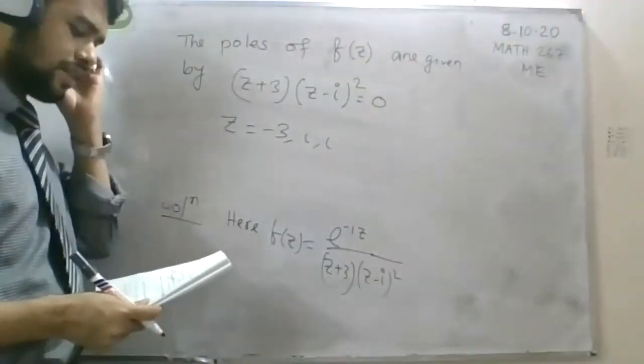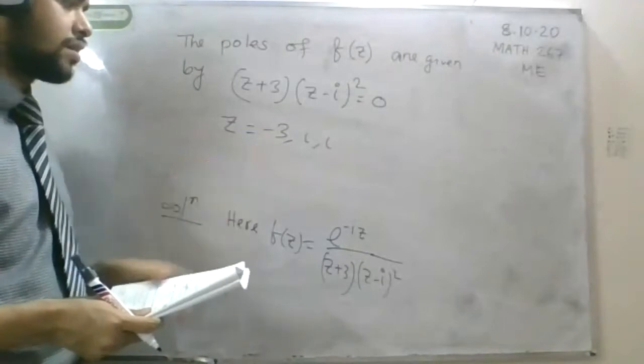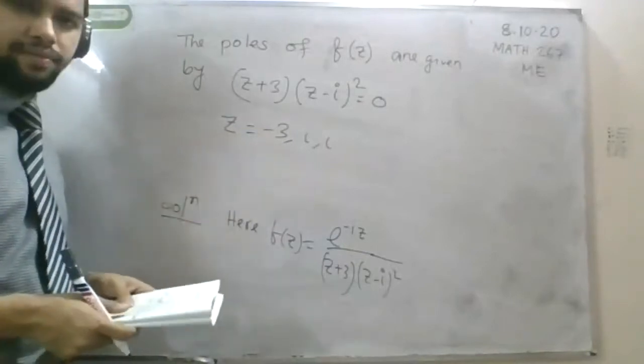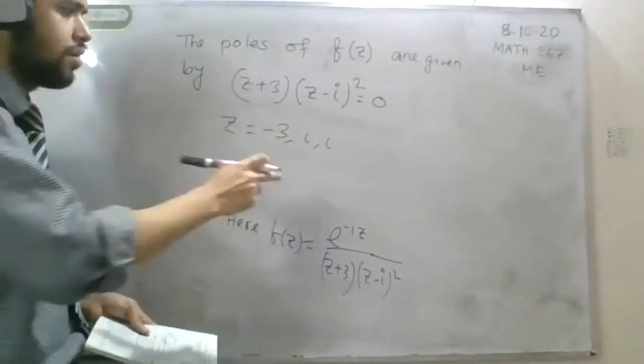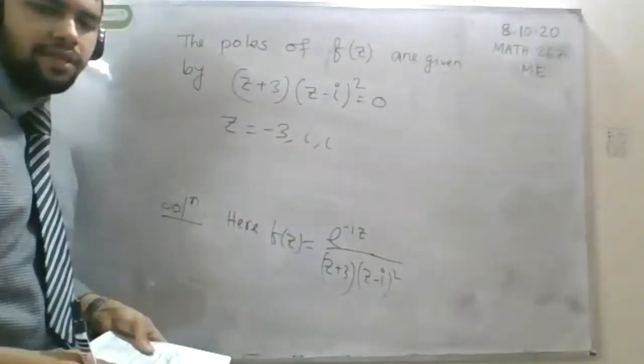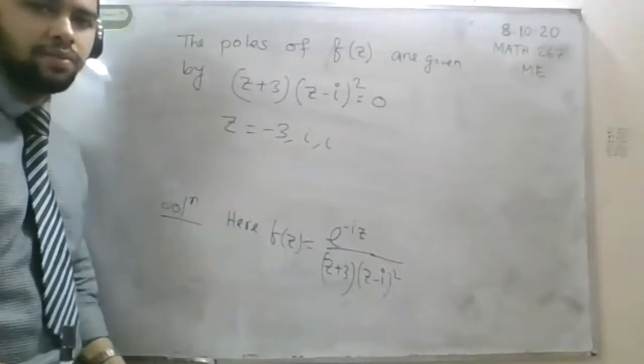Now, here for minus 3, you can say it is a simple pole, and for i, you can say it is a double pole. Okay.